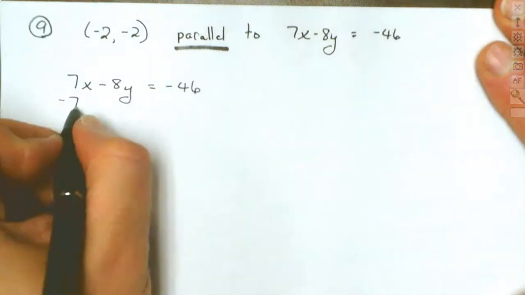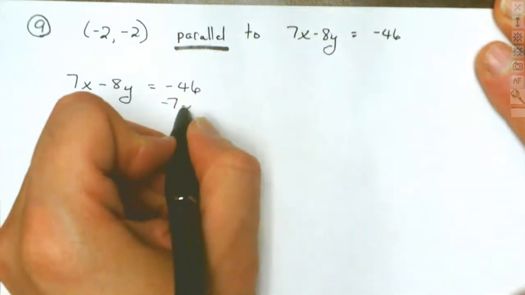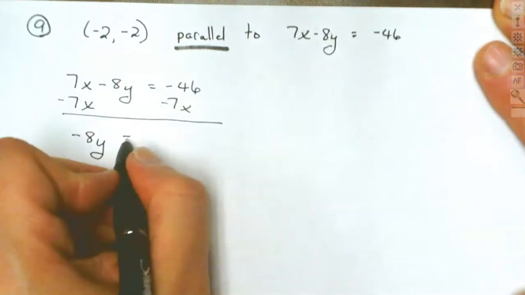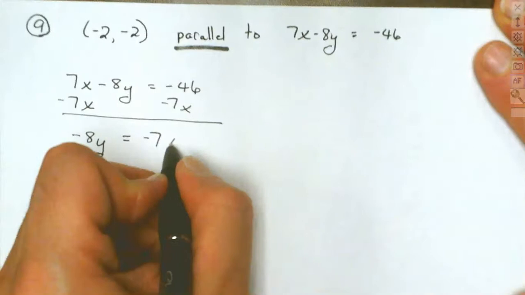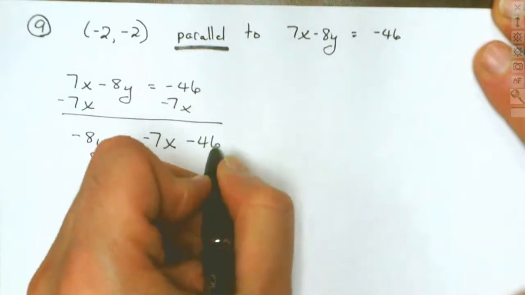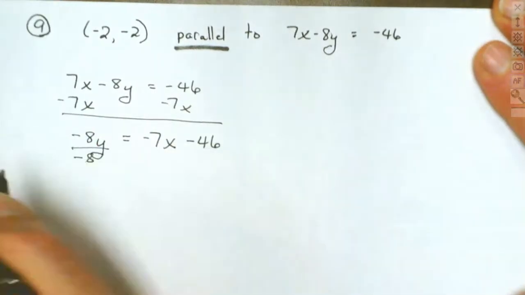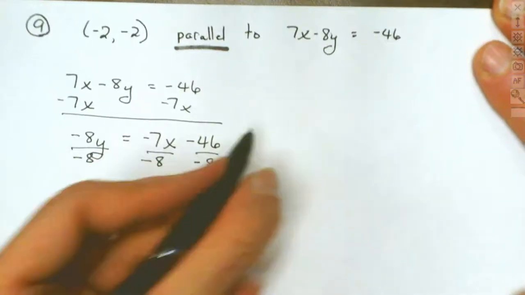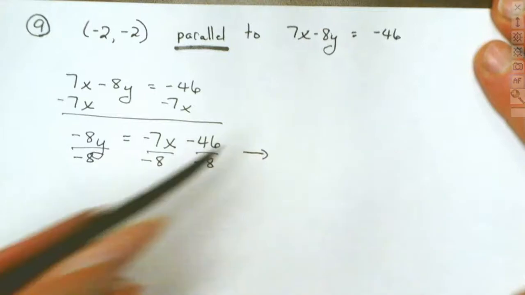So we'll move that 7x over. And that leaves you then with a minus 8y equals minus 7x minus 46. We'll divide by our negative 8. And that leaves us with our equation.